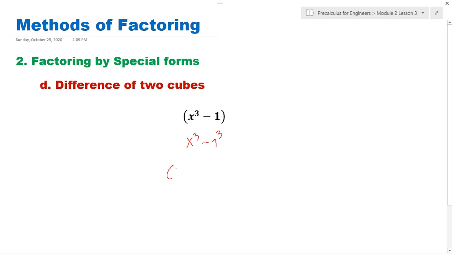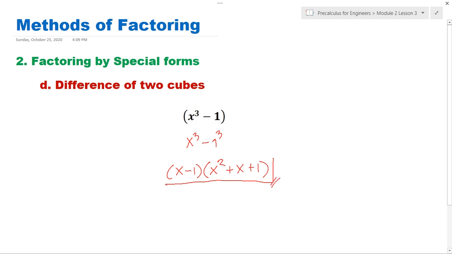So the factor would be x minus y, so x minus 1, times all positive na ha, remember? So x squared. Then ito is negative 1 times x man, so plus x. Then plus 1. Remember ha, positive lahat sa second factor ng difference ng two cubes. So ito pala yung factor niya.